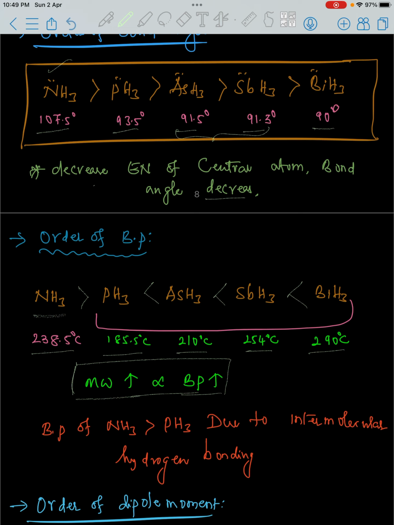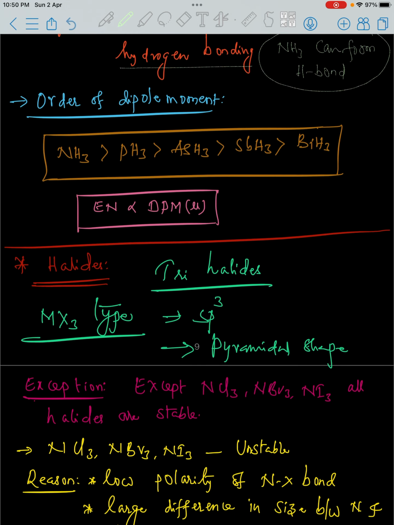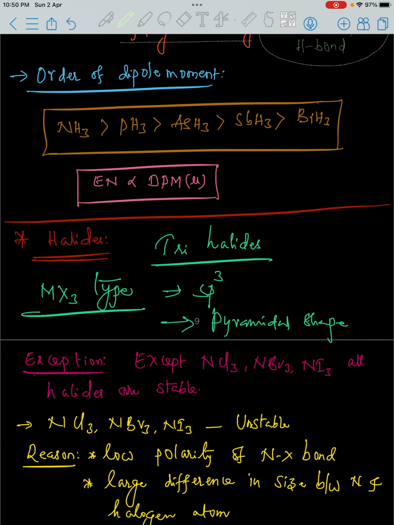But anyway, the boiling point of NH3 is greater than PH3. This is due to intermolecular hydrogen bonding. NH3 can form hydrogen bonds. Generally the compound which can form hydrogen bonds has a higher boiling point. That is the reason why NH3 has a higher boiling point than PH3.